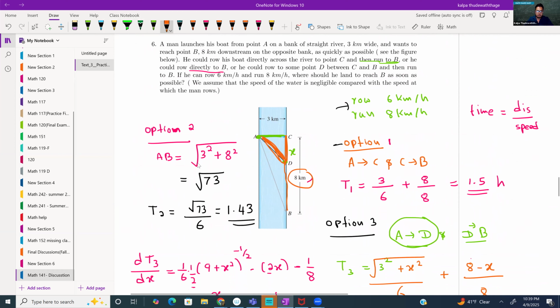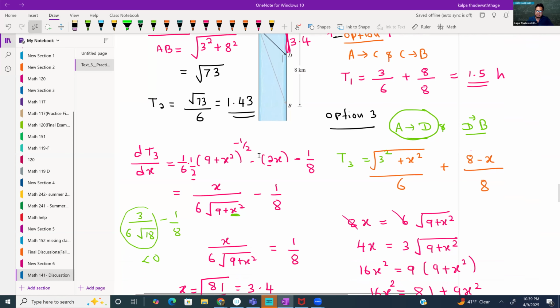So that means he should land somewhere down from C at 3.4, which is square root of 81 over 7, this distance. I think it's clear how you get there.